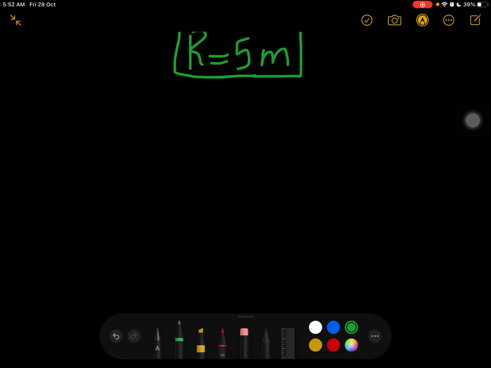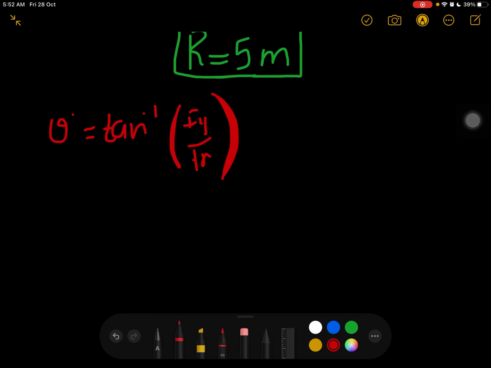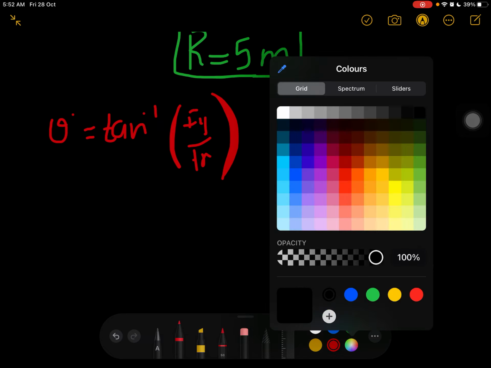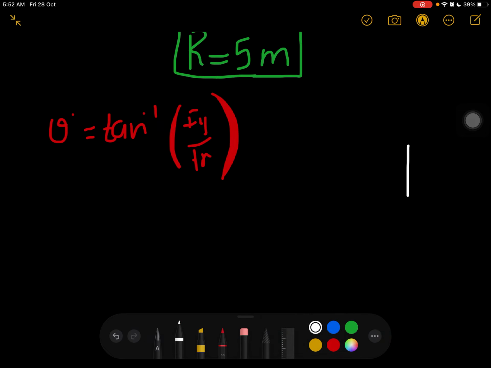So there is an easy formula for that, which is, you can easily calculate theta is equal to tan inverse of fy upon fx. This is a formula which we got from the resolution of vectors, right? But simply you can learn this thing that it is a very common triangle.